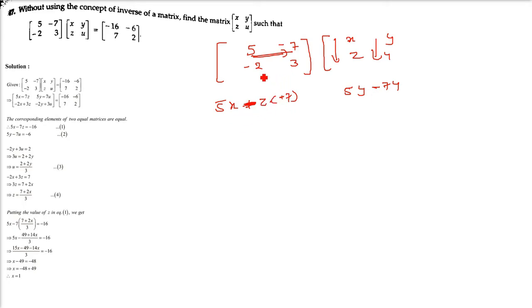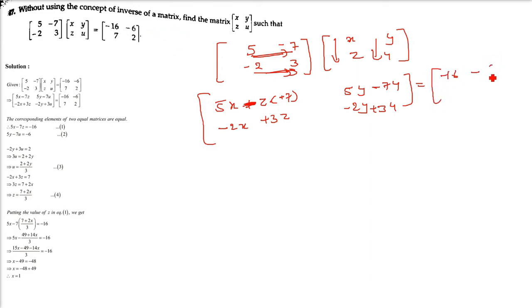Now second row with the first column, negative 2x plus 3z. Now this one also, negative 2y plus 3u. Now this is equal to the right hand side: negative 16, negative 6, 7 and 2.